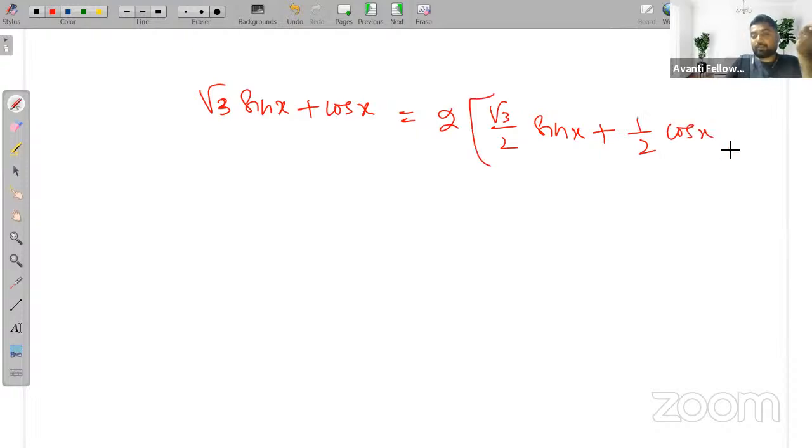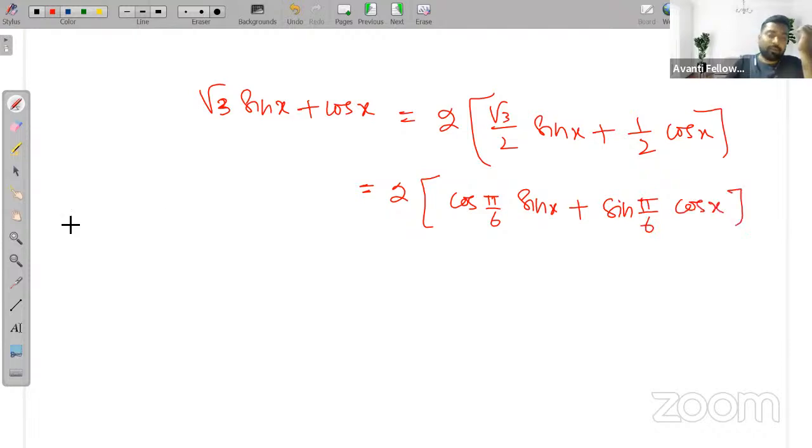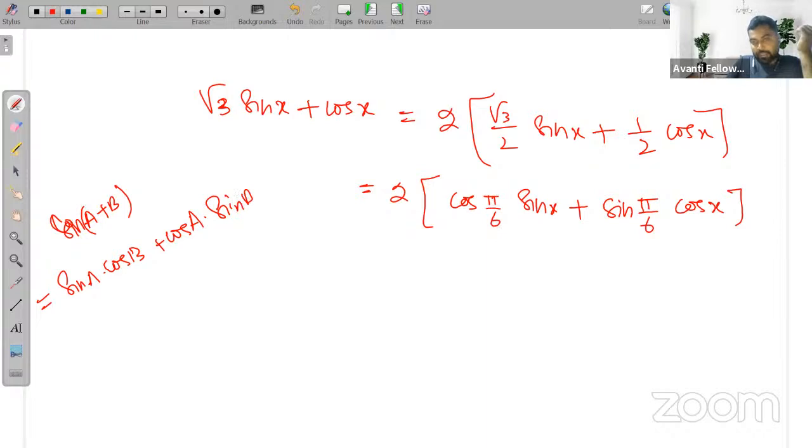We know √3 by 2 is cos of pi by 6, and 1 by 2 is sin of pi by 6, and we know that sin of a plus b is sin a cos b plus cos a sin b.